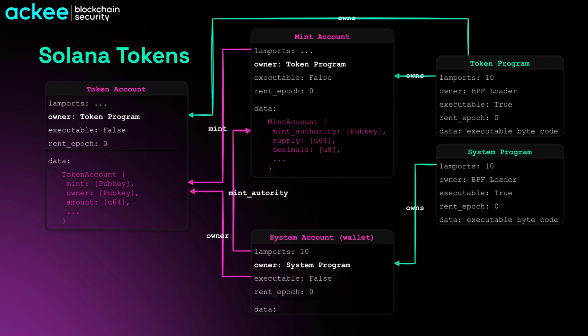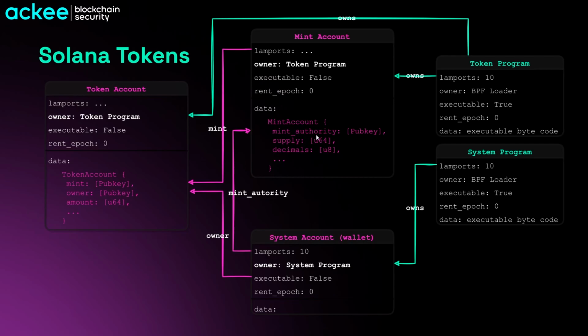Key attributes of the mint accounts include the total supply, as you can see within the data field here, that's the supply, the number of decimal places, let's say 9 or 6, then the authority responsible for minting new tokens. That is the mint authority field. Mint accounts actually provide the foundation for token creation and supply management.